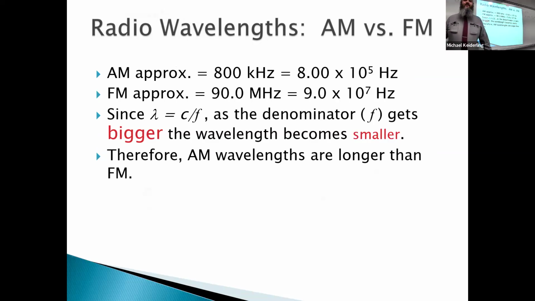The low end of AM is around 800 kilohertz, 8 times 10 to the 5th hertz, so it will have a wavelength on the order of 300 to 400 meters, while FM is around 90 megahertz, which is 9 times 10 to the 7 hertz. So it has a wavelength of around 3.5 meters.